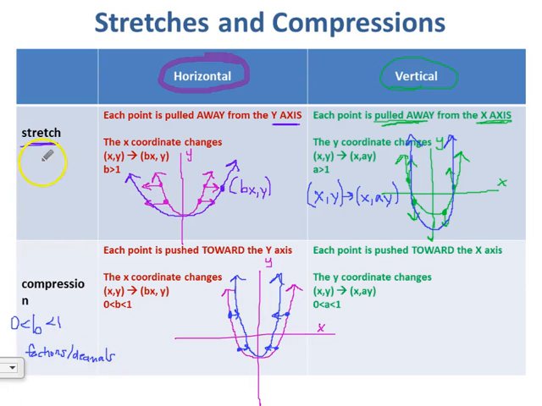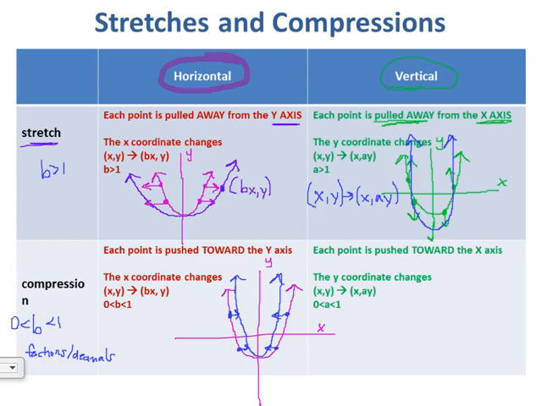If we have factors that are greater than 1, we know that we're dealing with stretches, either horizontal or vertical. So when we've got compressions, we're dealing with factors that are less than 1 but greater than 0. If we are told we have a factor of 2, we know that we're dealing with a stretch. If we're told we've got a factor of 1/2, we know we're dealing with a compression.